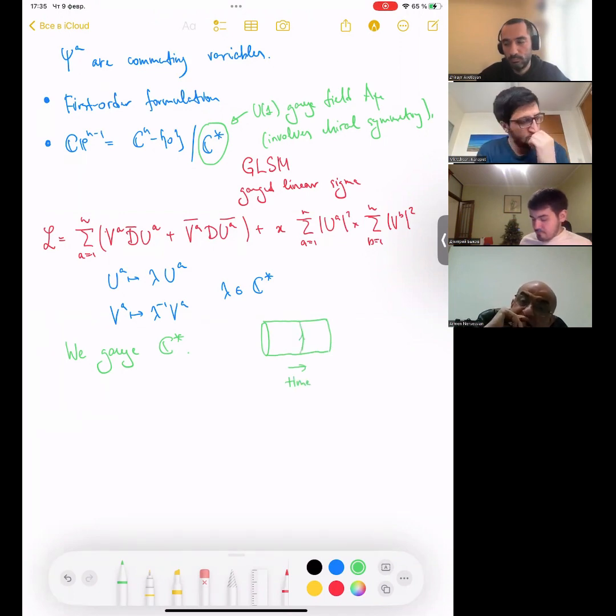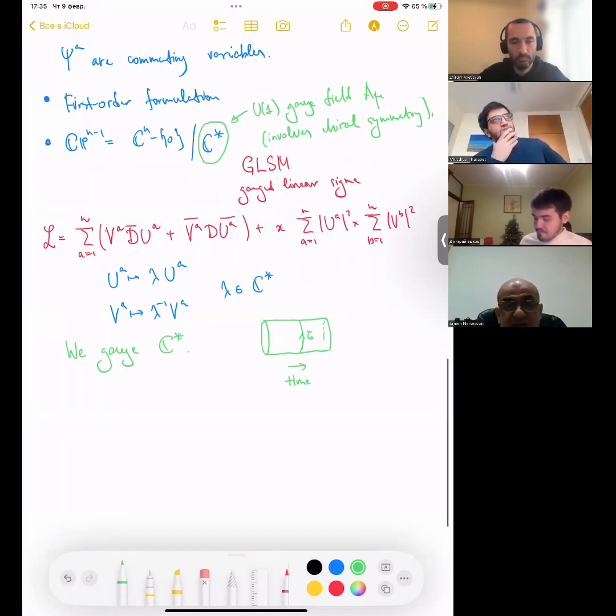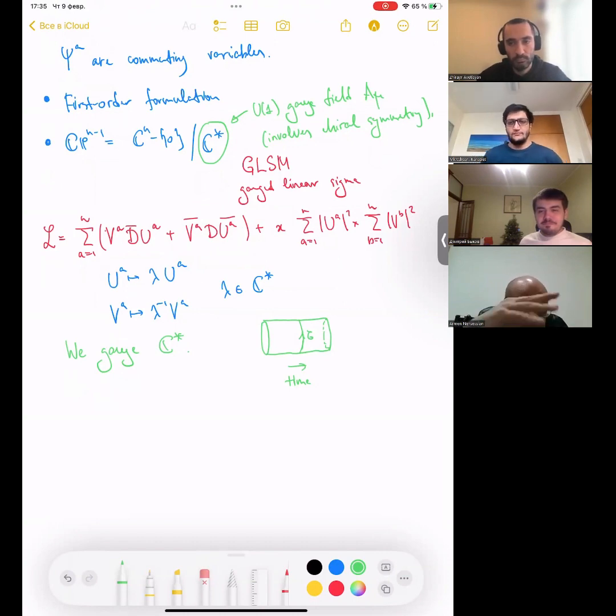My question is the following: when you perform this Legendre transformation with respect to that variable, do you take into account this non-trivial topology of the worldsheet or not?